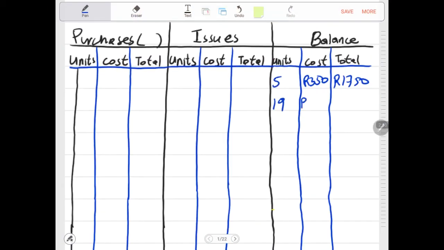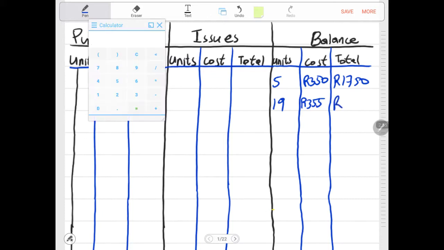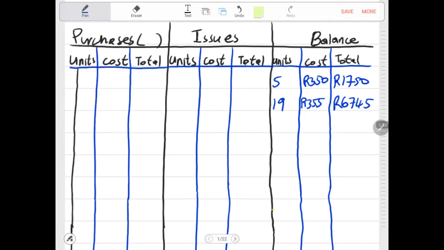So now we are given the cost per unit as 355, meaning we multiply this by the 19 units, which gives us the total balance of 6,745 rands. So now remember, this is our opening balance.